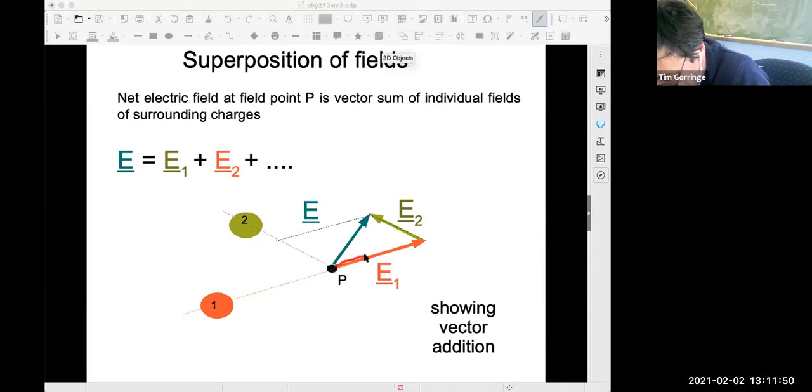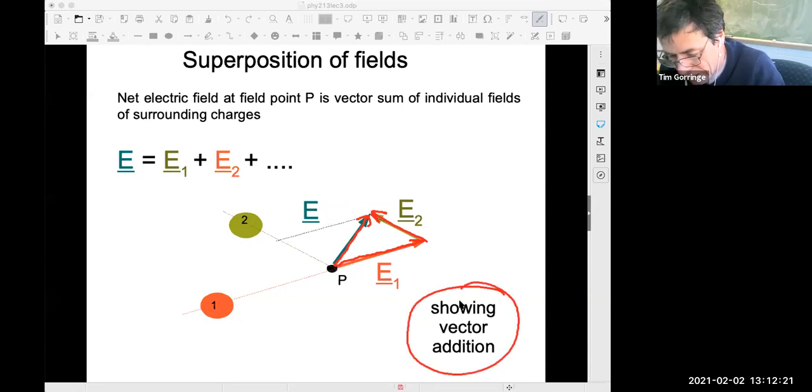I've sketched the electrical field of charge Q1. I've then drawn, starting at the tip of the electrical field of Q1, the electrical field of Q2. That's this second arrow here. And then the resulting vector runs from the tail of the first vector, E1, to the tip of the second vector, E2. And that's the resulting electrical field, E. And so this slide shows that vector addition.